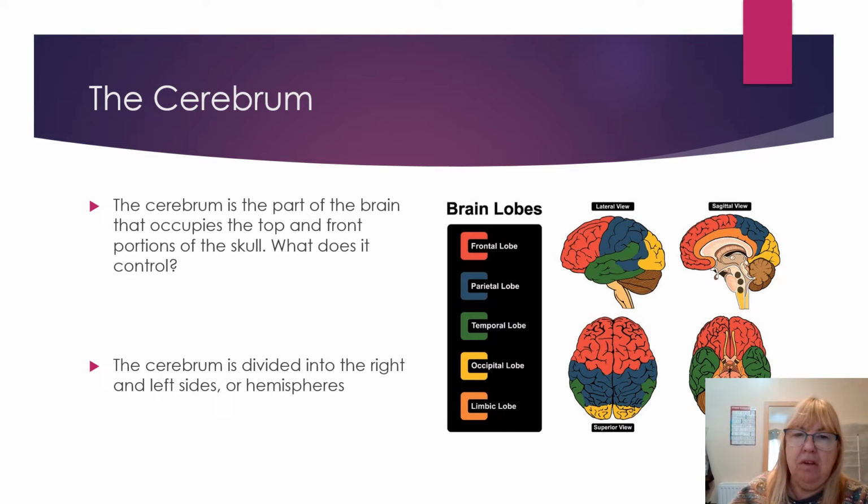You can see the cerebrum, a part of the brain that occupies the top and front portion of the skull. What does it control? Lots of things, really. All the different lobes: frontal lobe, parietal lobe, temporal lobe, occipital lobe, and limbic lobe. So we've got a bit more detail there, and the fact that it's in two hemispheres.